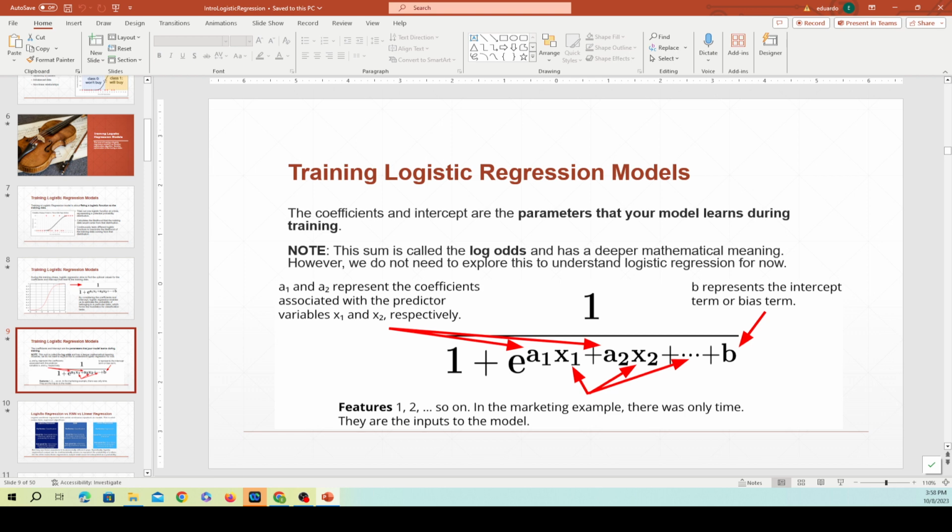So the coefficients and x-intercepts are parameters that your model learns to use for training. Remember, in the k nearest neighbor, we talked about hyperparameters, right? In this case, we're not talking about hyperparameters, but instead parameters. A little bit different. In linear regression and logistic regression, we're going to have parameters, not hyperparameters.